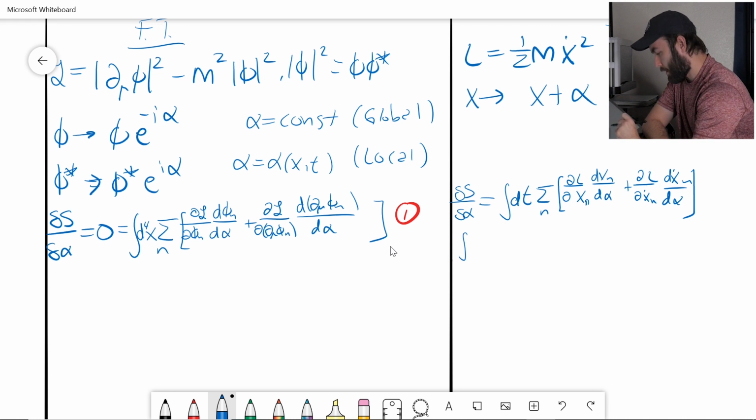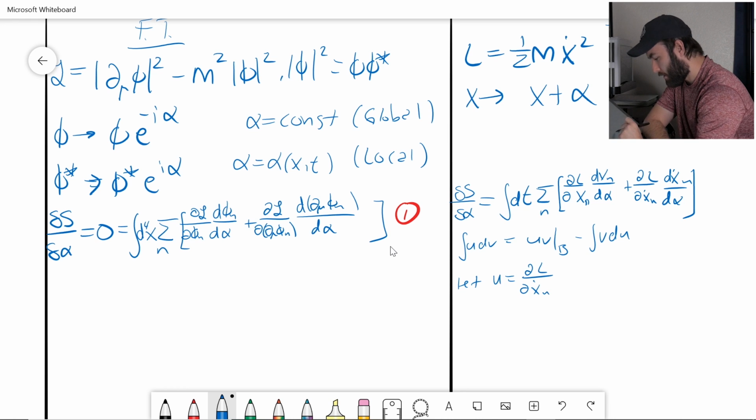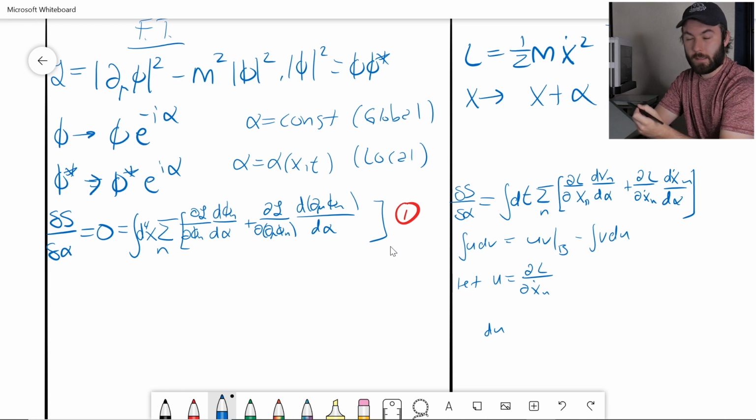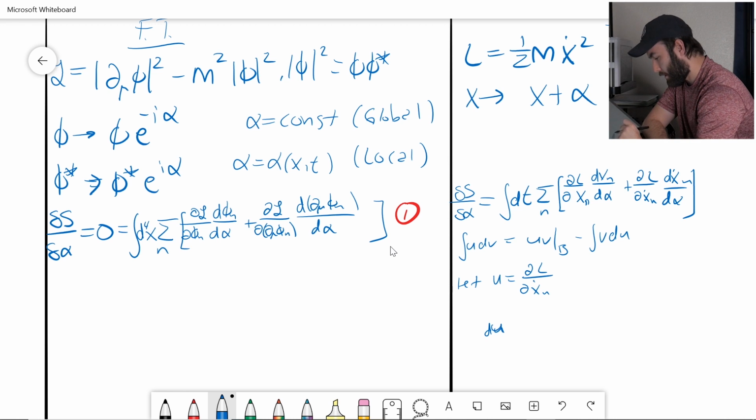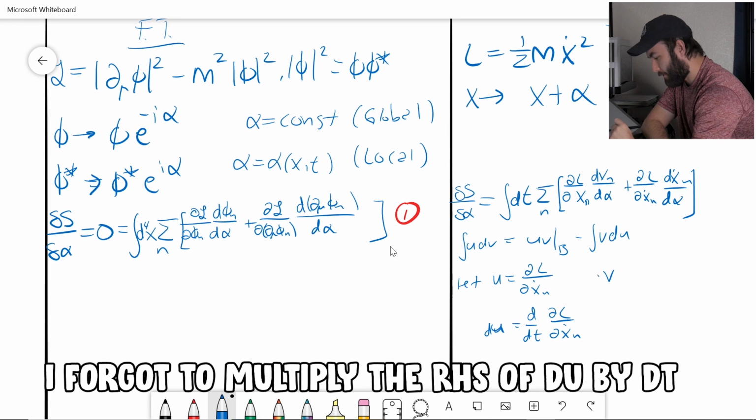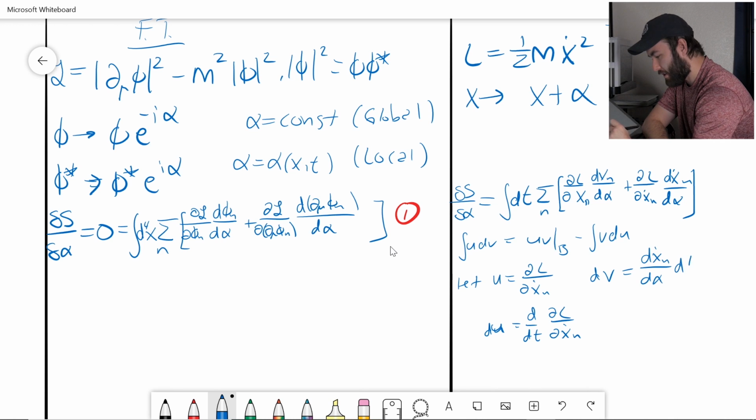So if we have the integral of u dv, that's equal to uv at the bounds minus the integral of v du. So if we let u equal dL over dx dot, then du, since everything depends on time, is equal to d/dt of dL over dx dot. We'll let dv equal dx dot_n d alpha dt.